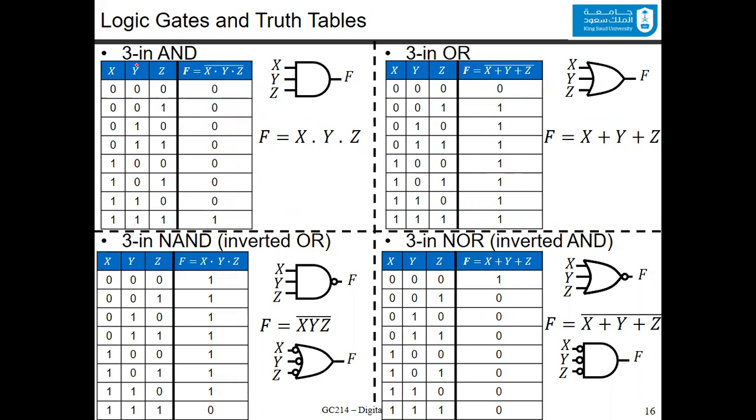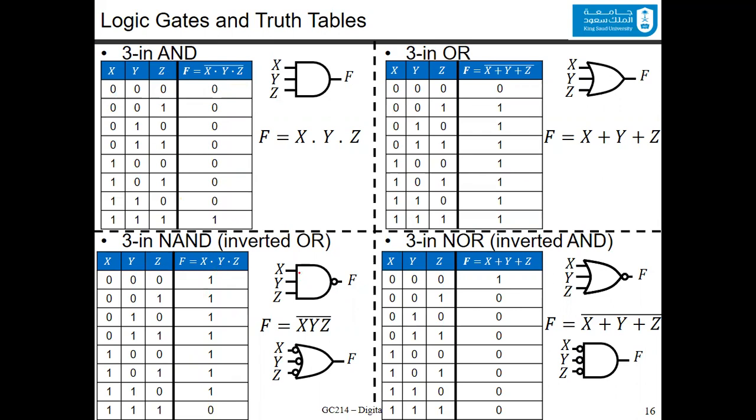The opposite of a 3-input AND is the 3-input NAND. And you can see, if you compare this output to this output, that it is really a complement of the AND. And this is why in the sample we have a bubble at the end.